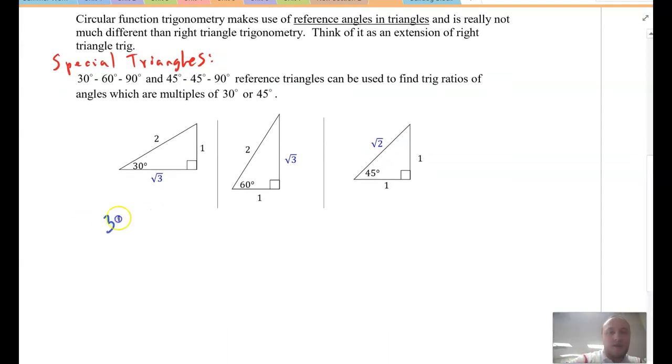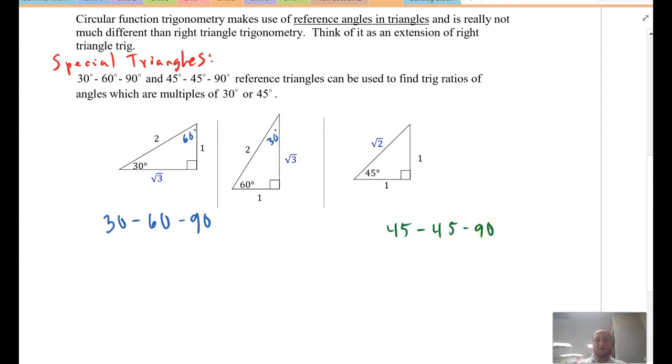We have a 30, 60, 90 triangle, right? 30, 60 degrees, 90. And then same triangle here, 30, 60, 90. And then we also have 45, 45, 90.